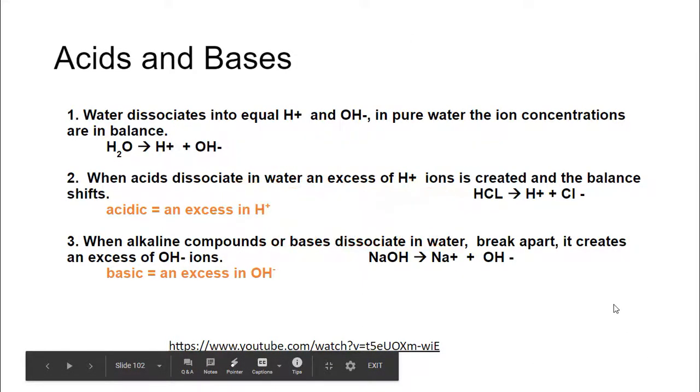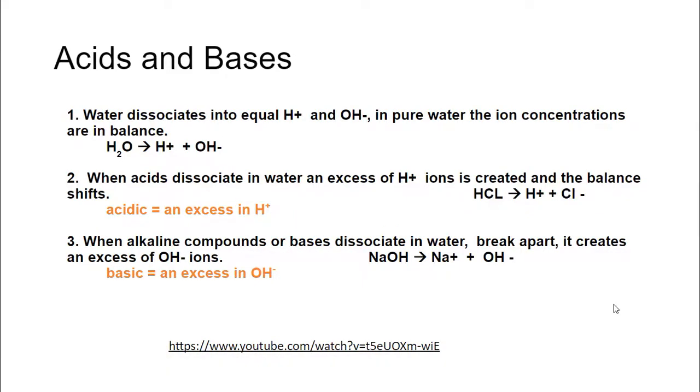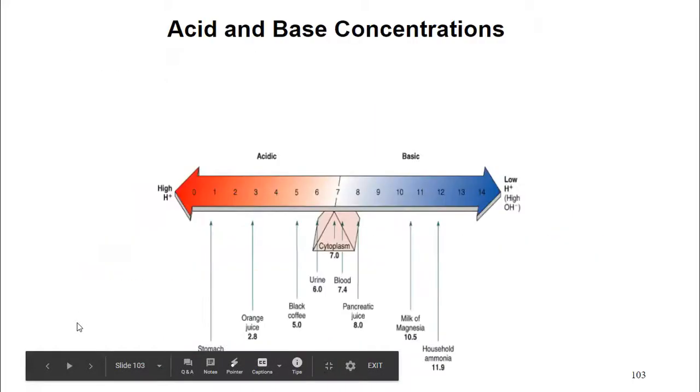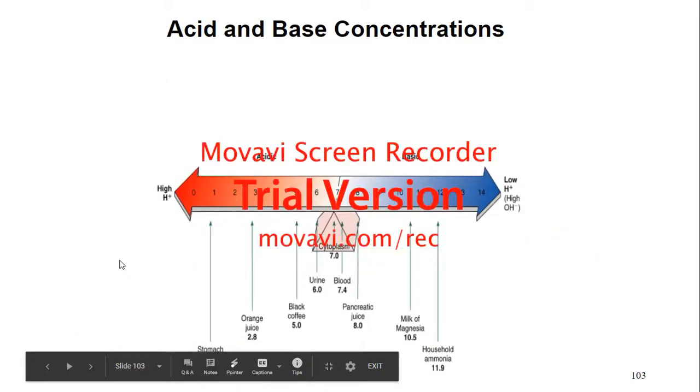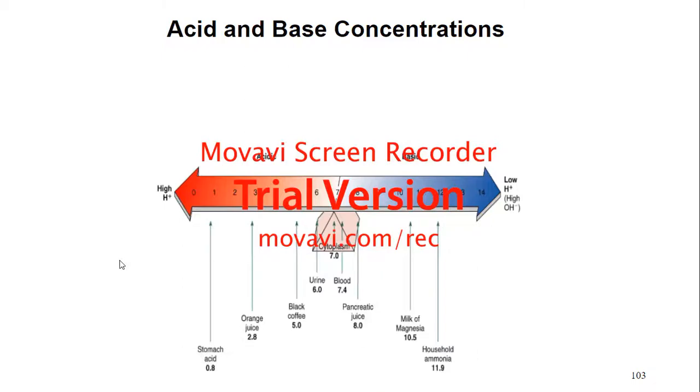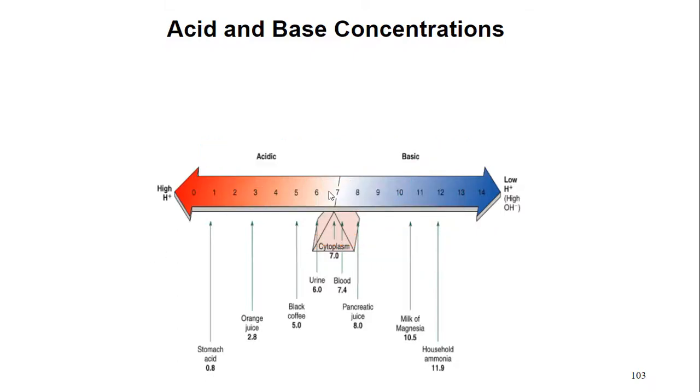There is also a YouTube link, a video dealing with acids and bases that you should watch also. This is showing you a pH scale. Remember, 7 is neutral. Anything lower than 7 is acidic. Anything greater than 7 is basic.